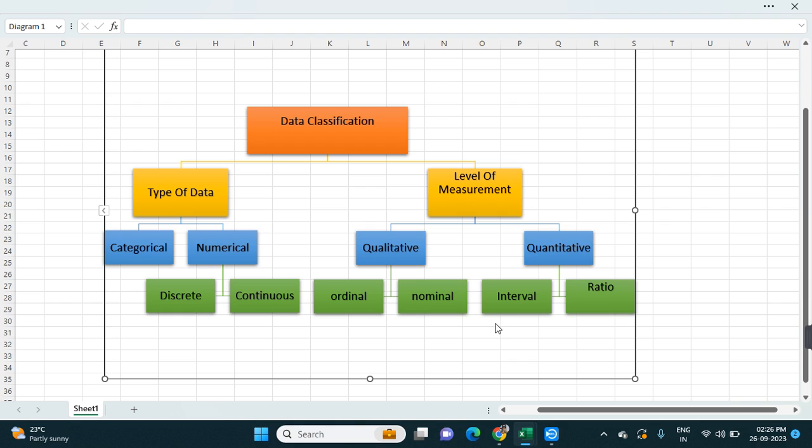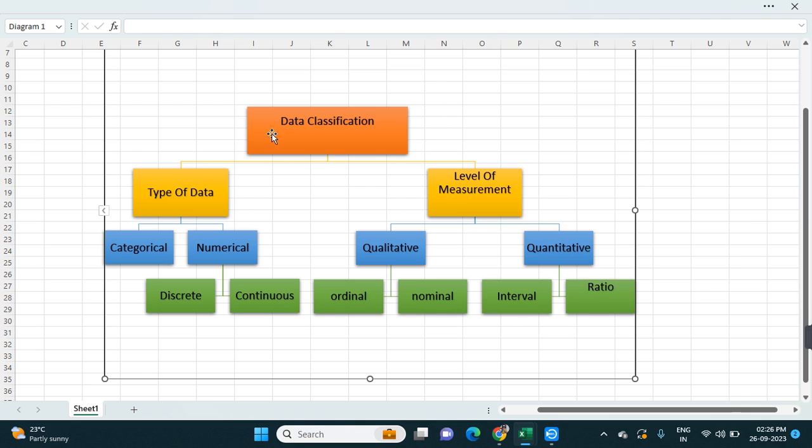That represents the range of data, in the form of a range, that is interval. Ratio represents the ratio, the percentage or the ratio of the data, 2 is to 1 or 50%, like that. So this is how the data is classified.